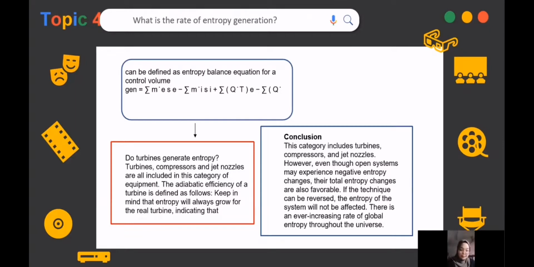For example, a closed system's entropy constantly goes up. In an open system, the entropy change may be negative, but because the entropy of the other system is positive, the total entropy change is positive.